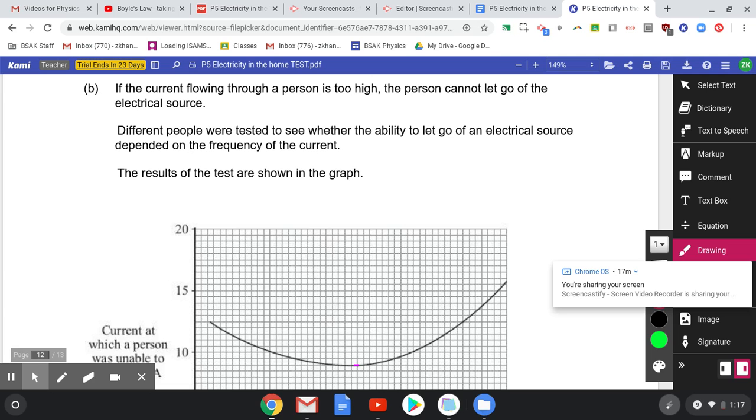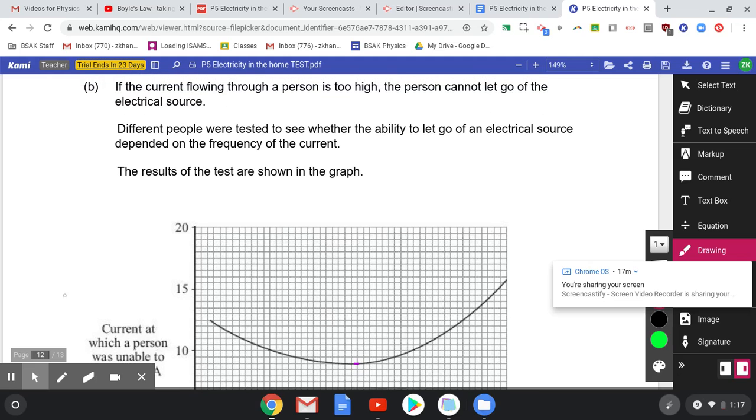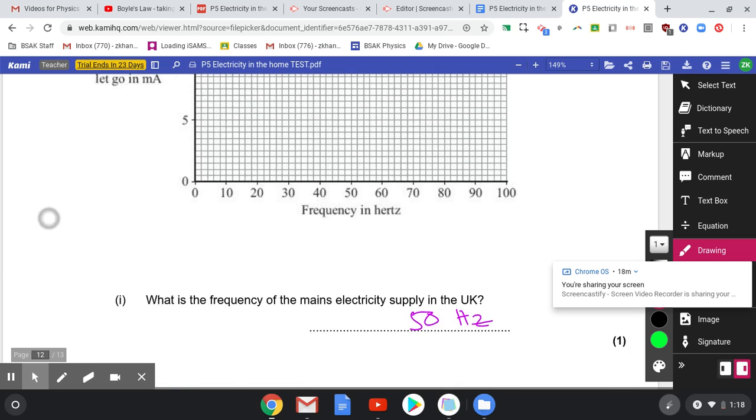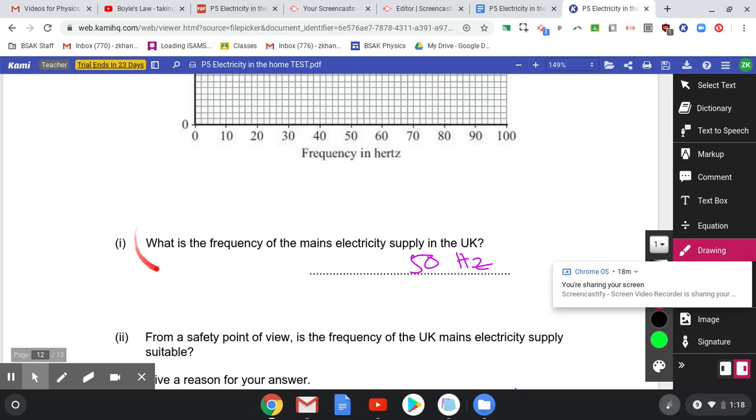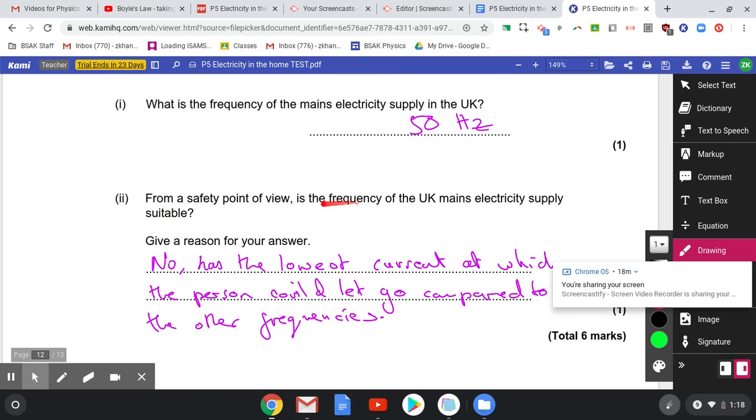Part B, again, this was a very difficult question. A lot of students didn't figure out what was going on here, but what we need to do first is know what the frequency for UK mains electricity is: 50 hertz, same as Abu Dhabi. From a safety point of view, is the frequency of the UK mains electricity supply suitable?